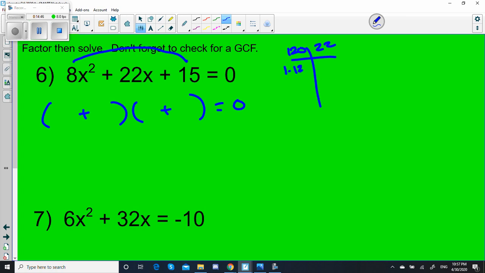So 1 times 120 is 121. 2 times 60 is 62 when I add them. 3 times 40 is 43. I'm getting closer. I'm still not there yet. 4 times 30 is 34. 5 times, let's see, 24, when I add them, is 29.